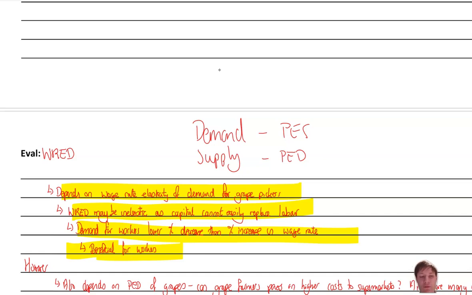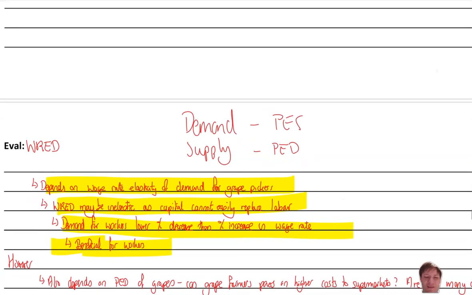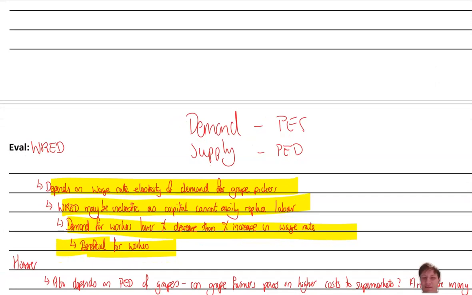However, there are multiple reasons why you might have an inelastic wage rate elasticity of demand. It also does depend on, and I don't know if this is taking the point from our next point, and we might delay this, but it's certainly true that it depends on the price elasticity of demand for grapes.